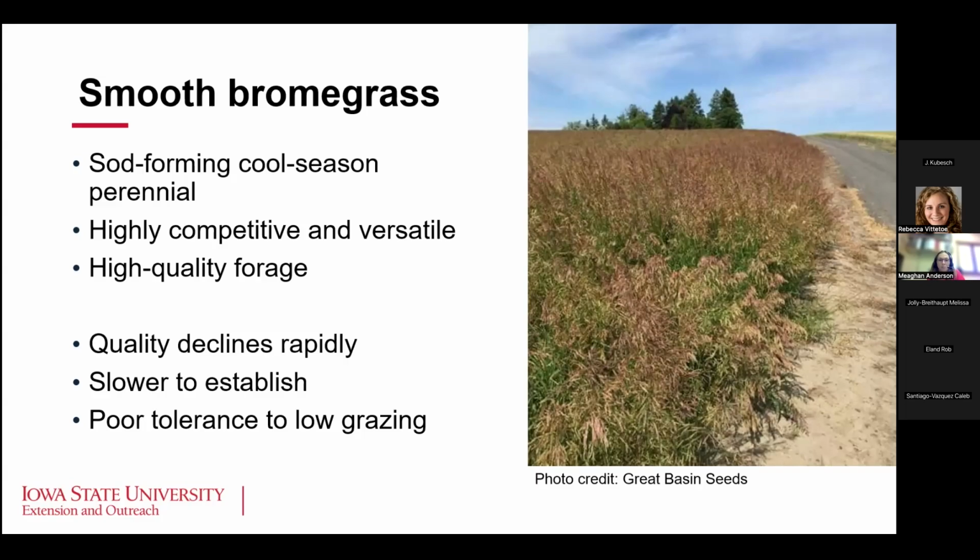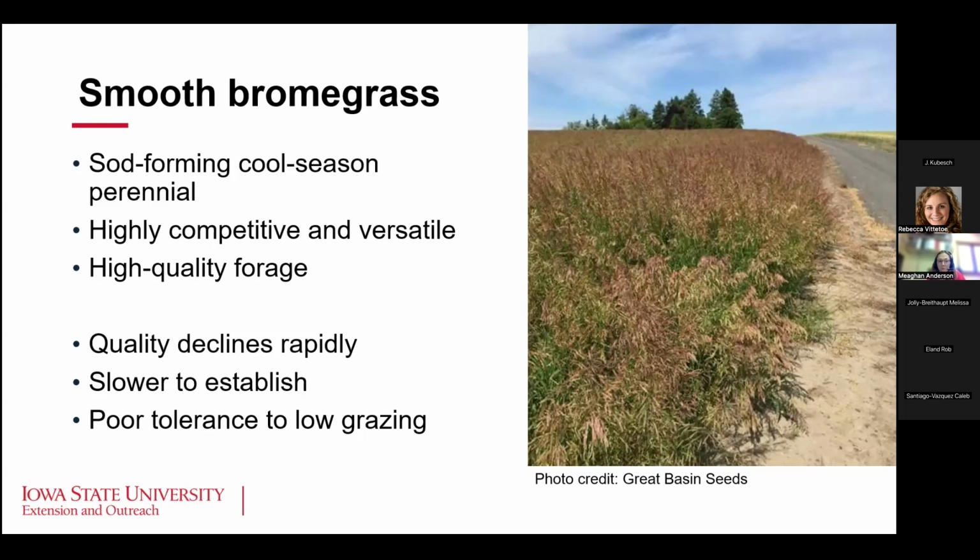This is by far one of the most common perennial grasses here in Iowa. If you look in virtually any road ditch across the state, you will find smooth brome grass. It is a sod-forming cool season perennial. It produces rhizomes or lateral stems below ground that help it form basically a mat that can be very competitive and help keep weeds down.